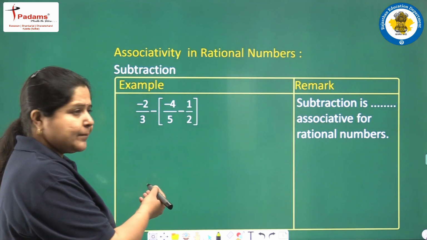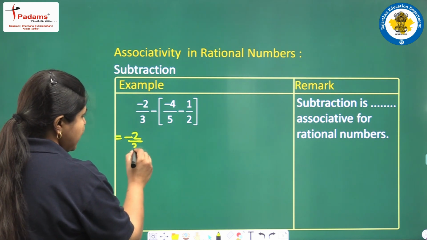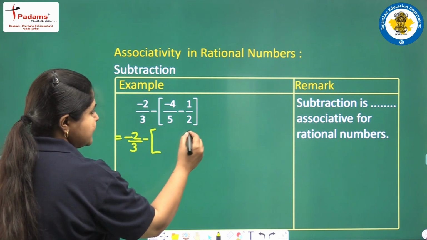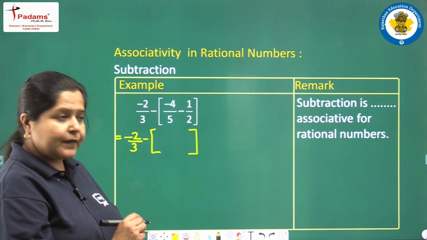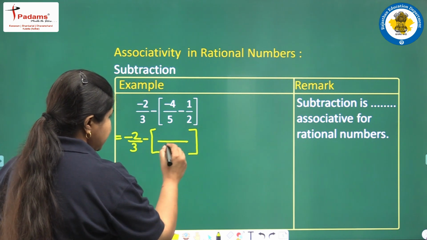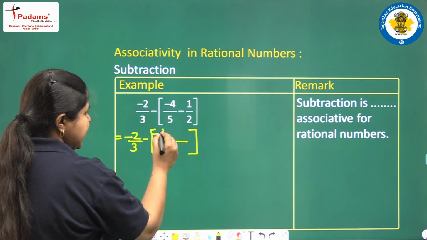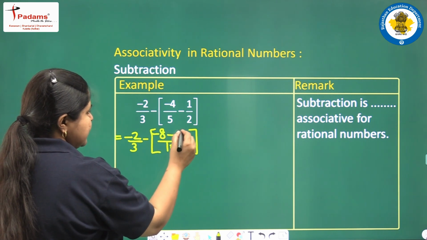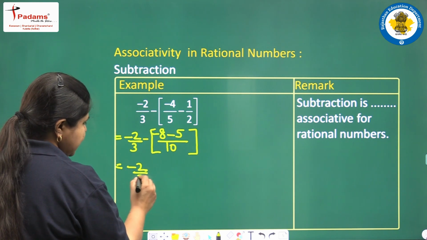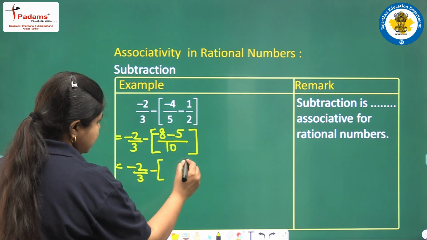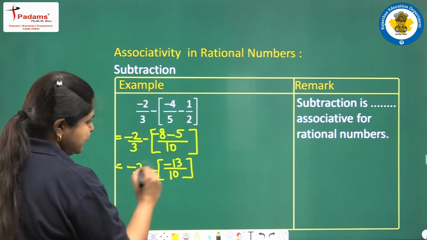Here is one more example. Let us first subtract it. Minus 2 by 3 minus, first we solve the bracket. You all must know that the brackets are solved first. So the LCM will be 10: 5 2s are 10, cross multiply, 4 2s are 8 minus 5 1s are 5. This will give us minus 2 by 3 minus 13 upon 10.